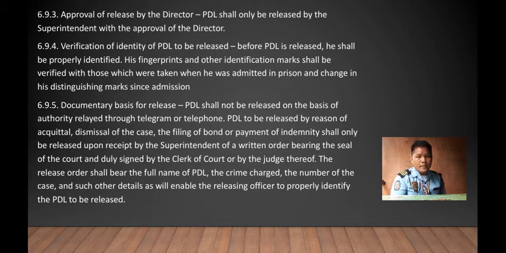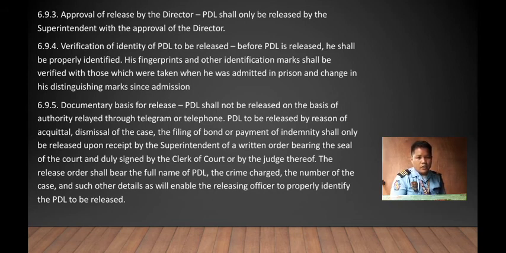Next, documentary basis for release. PDL shall not be released on the basis of authority relayed through telegram or telephone. PDL to be released by reason of actual dismissal of the case, the filing of bond or payment of indemnity shall only be released upon receipt by the superintendent of a written order bearing the seal of the court and duly signed by the clerk of court or by the judge thereof.